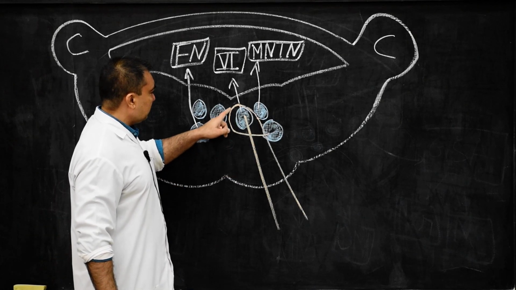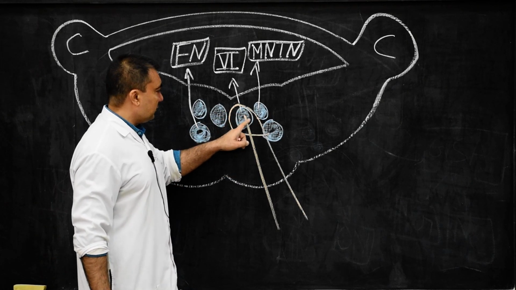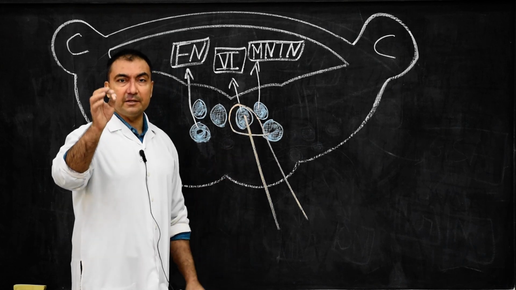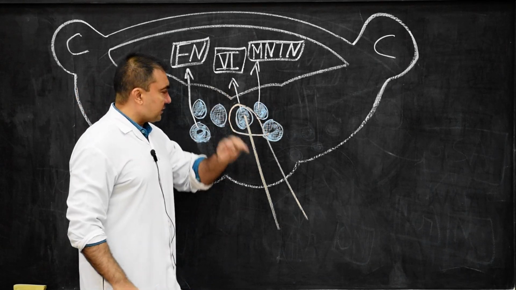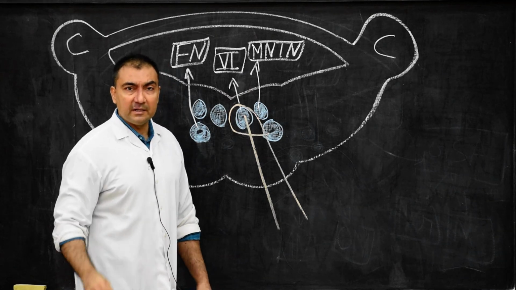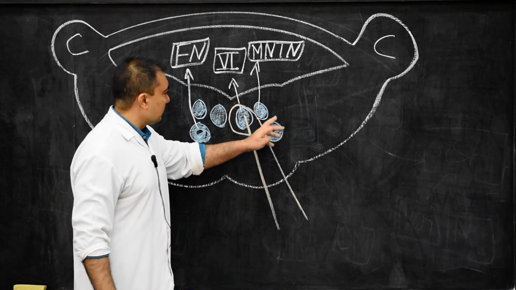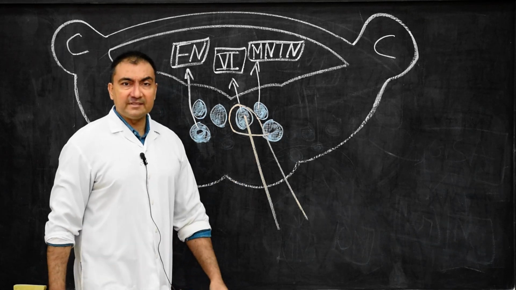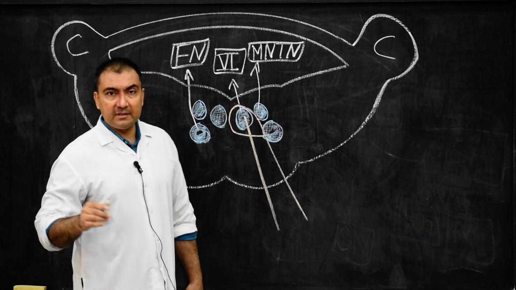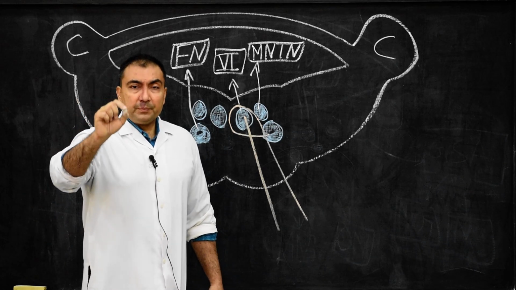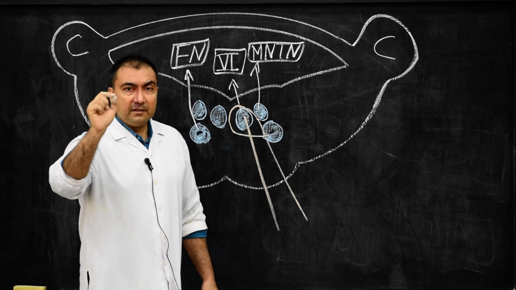This winding around of the facial nerve around the abducens nucleus is known as the facial colliculus. Then we come to the third functional group on the basal lamina, ventral to lateral, known as the general visceral efferent, and that general visceral efferent will be represented by the superior salivatory nucleus.